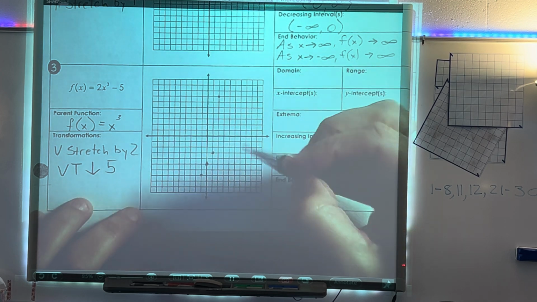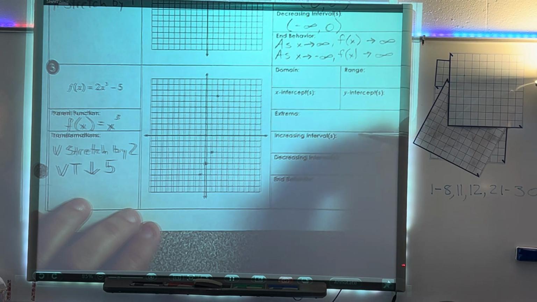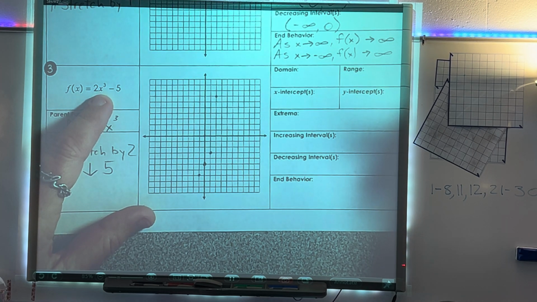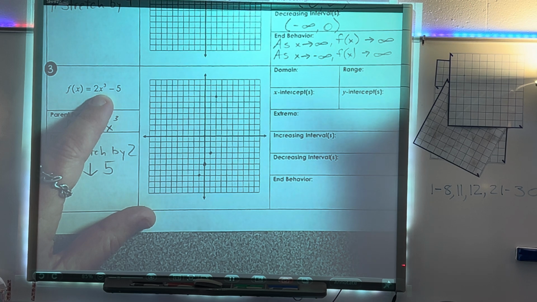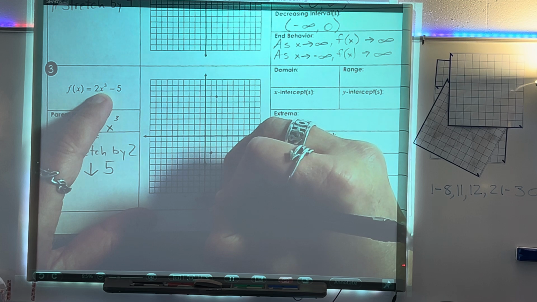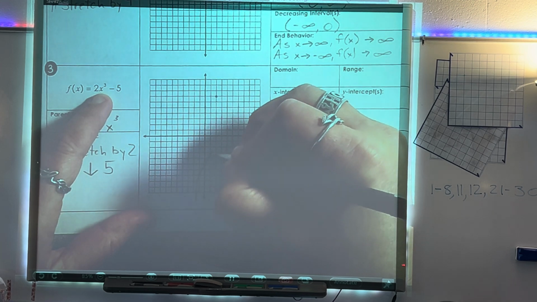Where did you get negative? I did it in my head. Negative 1 cubed is negative 1, times 2. Okay, I am right, yes? Yes. So I did it in my head, so sometimes I do mess up.